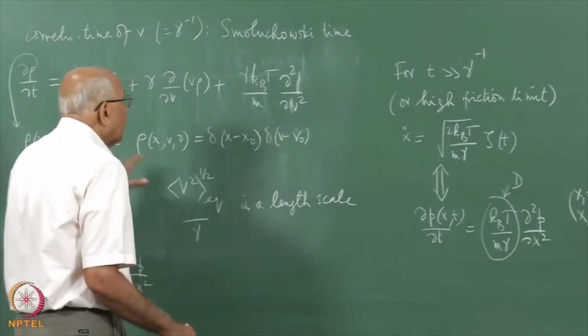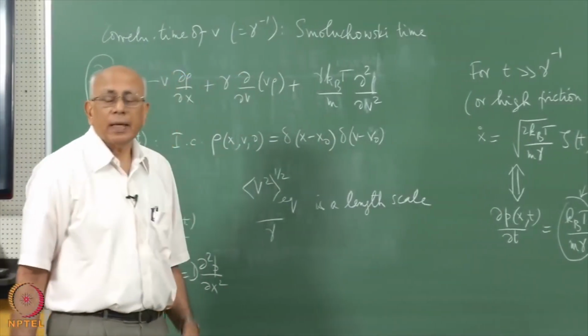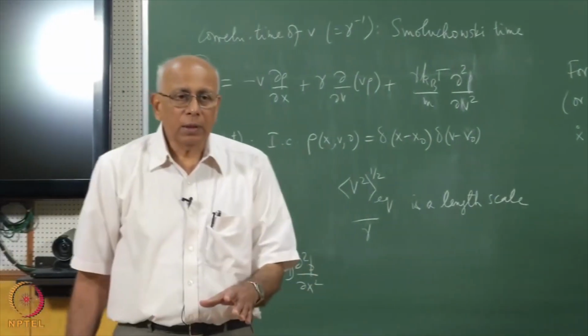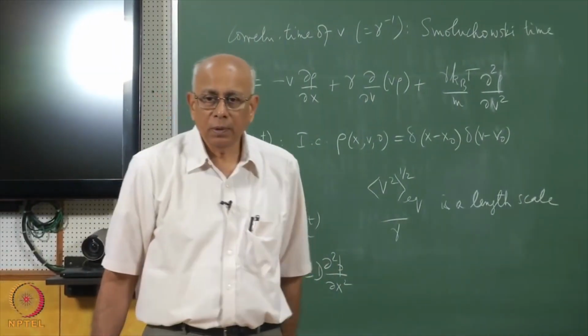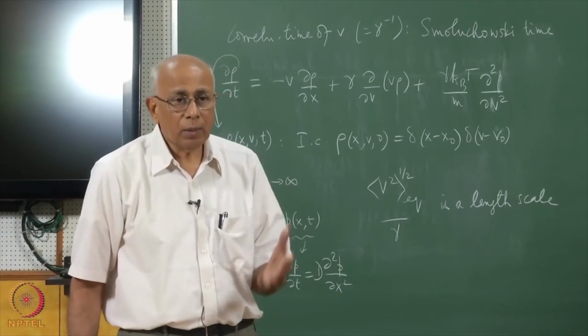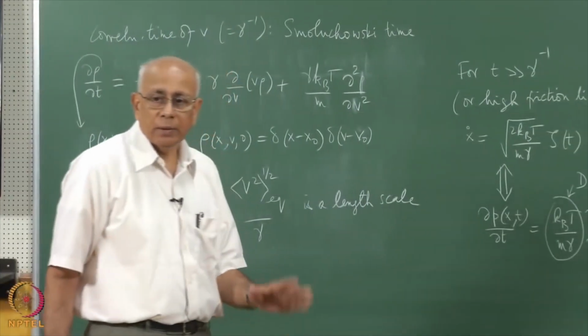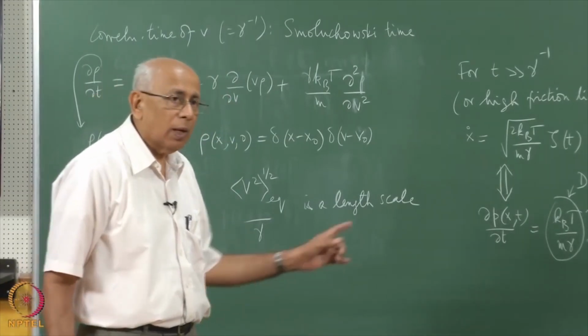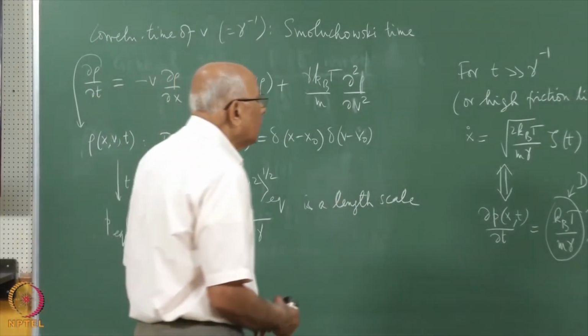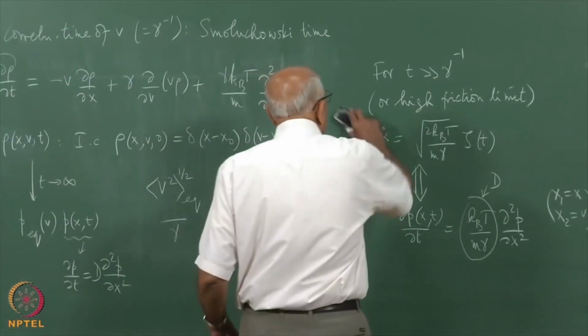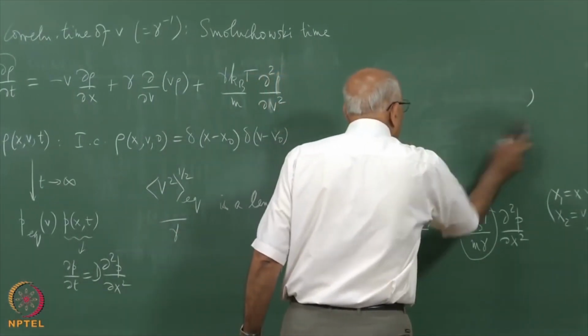So, having got this far, we would like to know what happens next. What happens if I put the system under an external force, under an applied potential, like the harmonic bound particle? Suppose there is an x dependent potential present. What would happen to these equations? Well, the first thing that would happen is that your Langevin equation would become different.